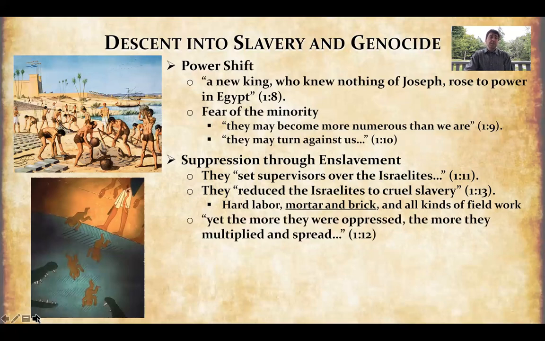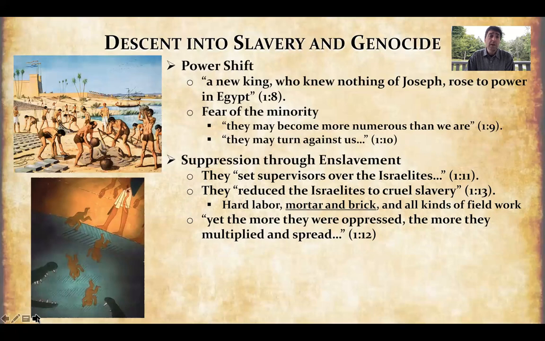But the Israelites respond to this slavery, and they hang in there, and they actually keep growing. So that was the whole reason that the Egyptians wanted to tighten the reins on the Israelites and eventually suppress them, was to limit their numbers, but their numbers were not limited. The more they were oppressed, the more they multiplied and spread.